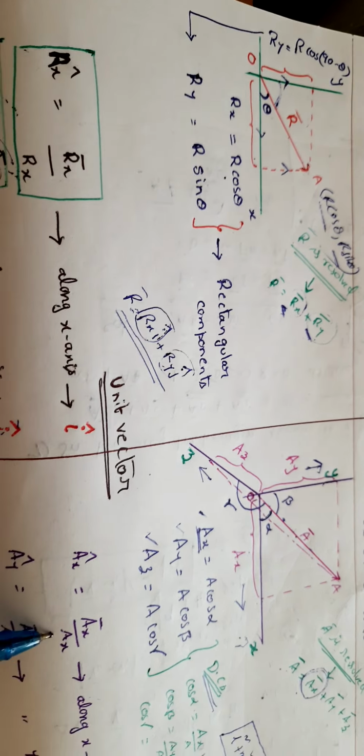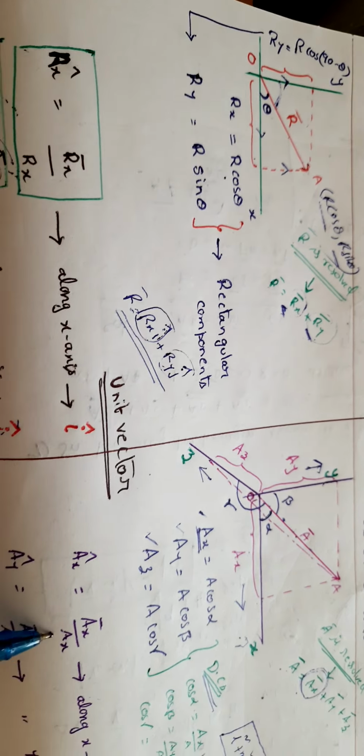Right now x, y. Now already in resolving, you have seen a bar can be written as ax bar plus ay bar. We have seen again i cap is the unit vector along x, ax i cap plus ay j cap. Now what are ax and ay? Those are x, y, is it not? So the projection of this a bar onto this, we are saying it as ax. What is ax?